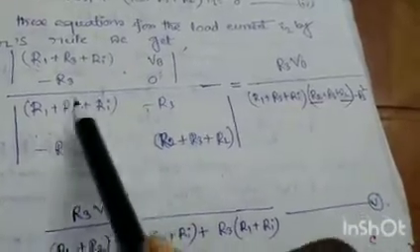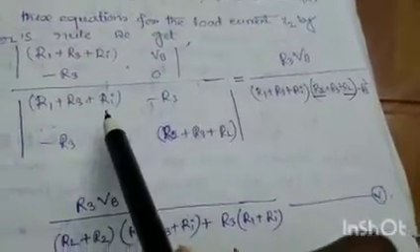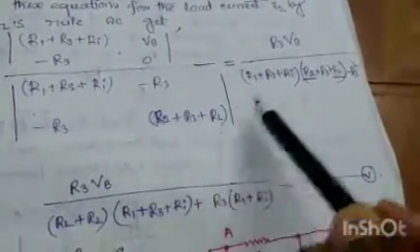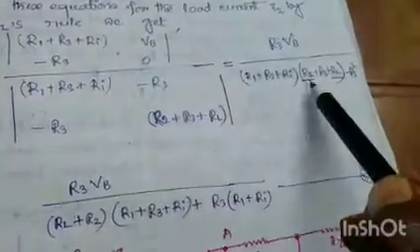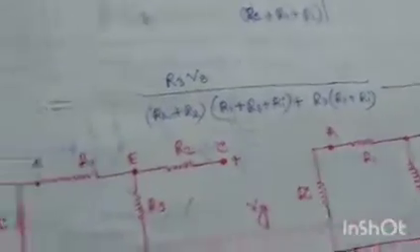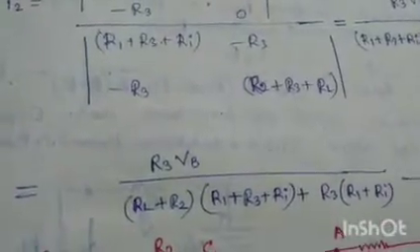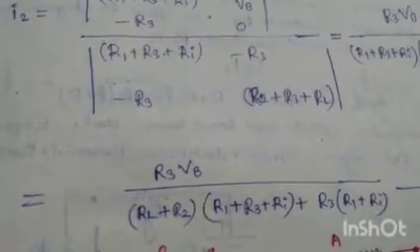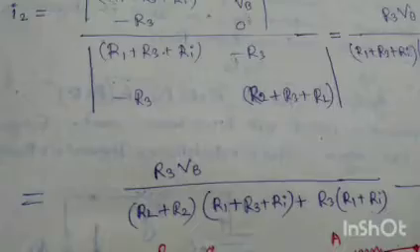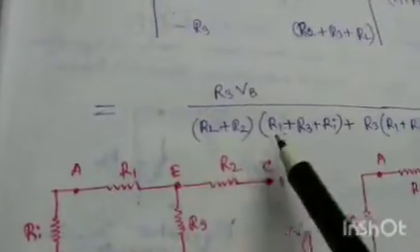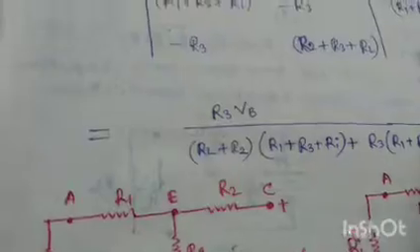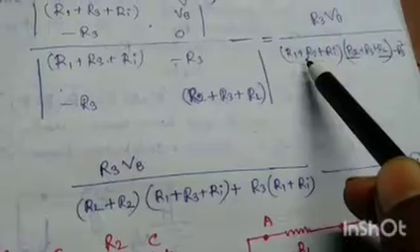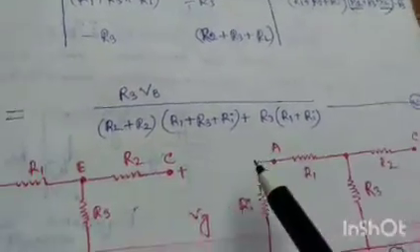Again in the denominator, R1 plus R3 plus Ri into R2 plus R3 plus RL minus R3 square. Now for simplification, you multiply this R2 plus R3 into this, and R3 into this, R2 plus RL into this, and R3 into R1 plus R3 plus Ri.